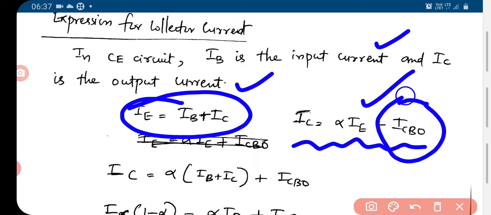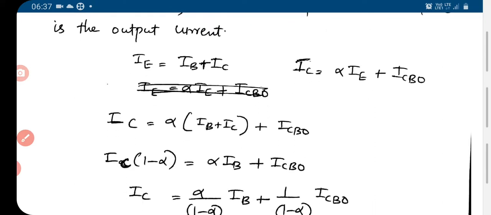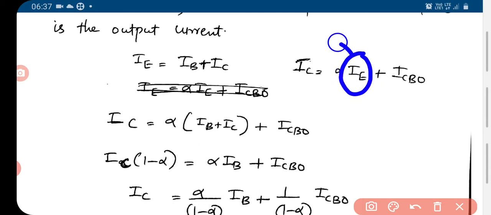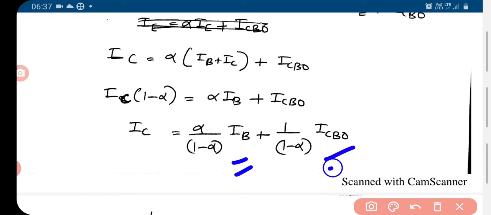That we substitute here. Here for IE, I am giving IB plus IC. So we have IC into 1 minus alpha equals alpha IB plus ICBO.